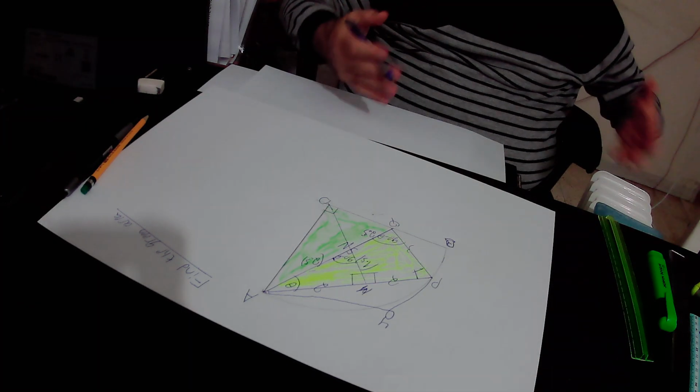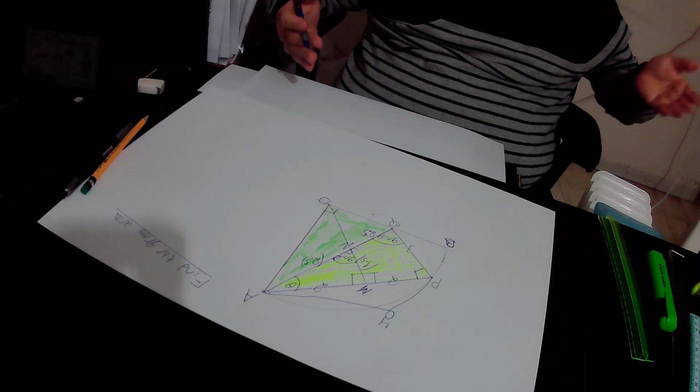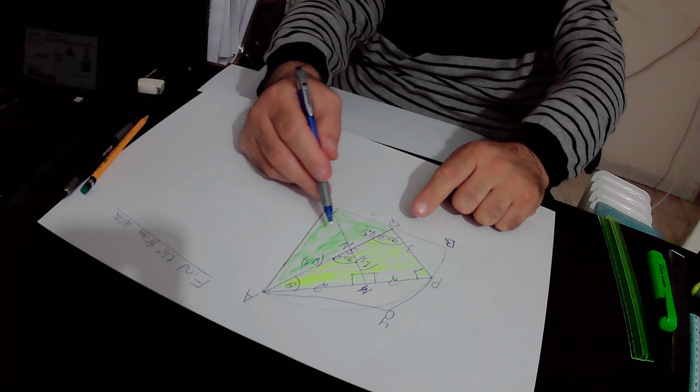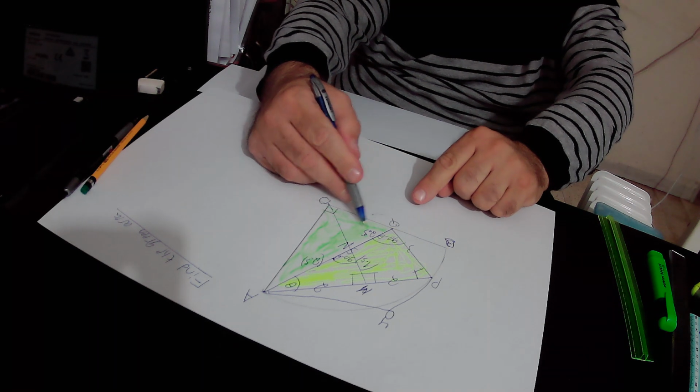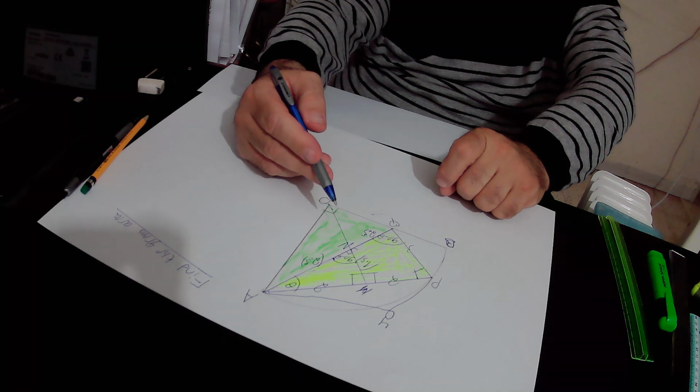So the touching point between the two radii must be the center of the circle. Very simple. Again, the touching point of the two radii QN and AN must be the center of the circle.